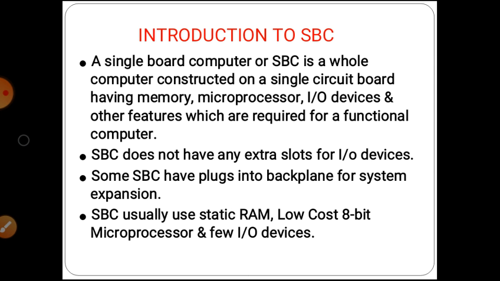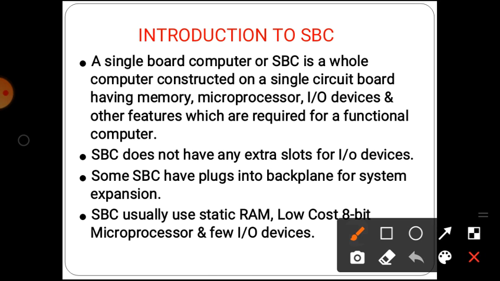First, introduction to SBC. A single board computer, or SBC, is a whole computer constructed on a single circuit board having memory, microprocessor, I/O devices and other features which are required for a functional computer. So it is named single board computer.